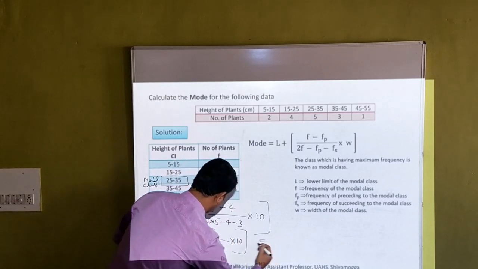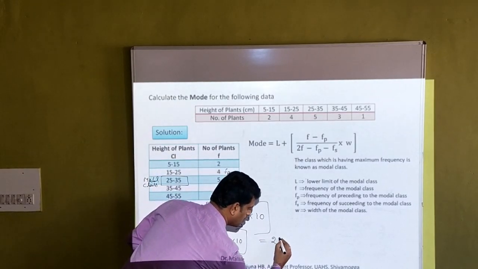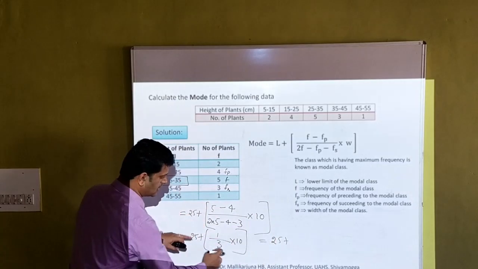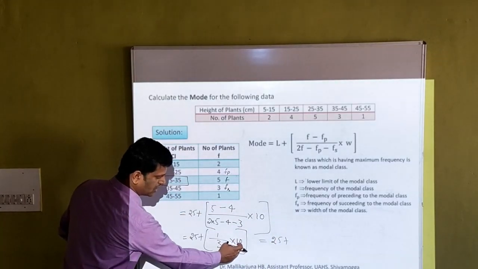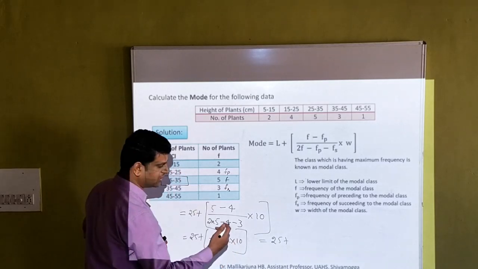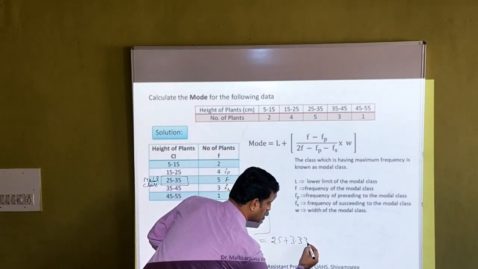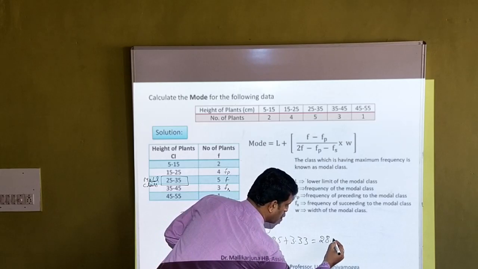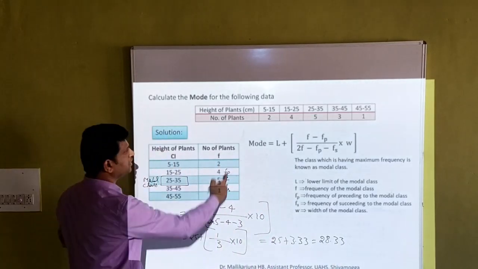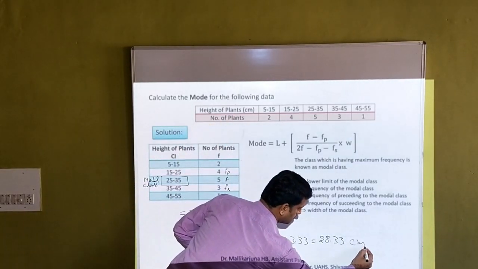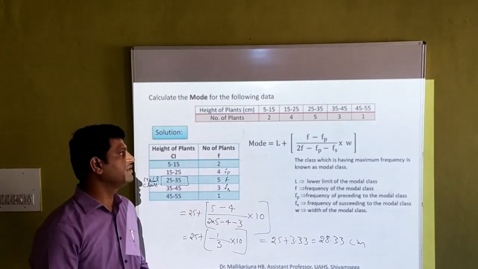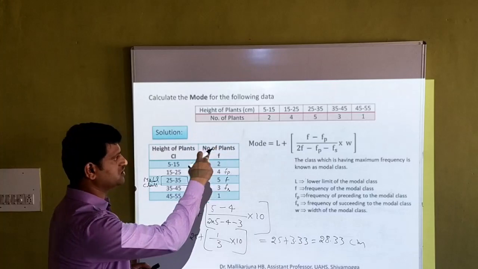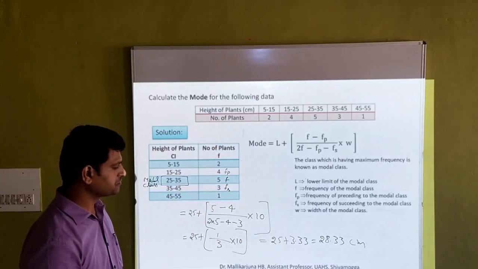So this becomes 25 plus 1 by 3 into 10, which is 10 by 3. 10 by 3 is 3.33, so it equals 28.33. The unit is centimeter. So 28.33 centimeter is the modal value for this distribution.